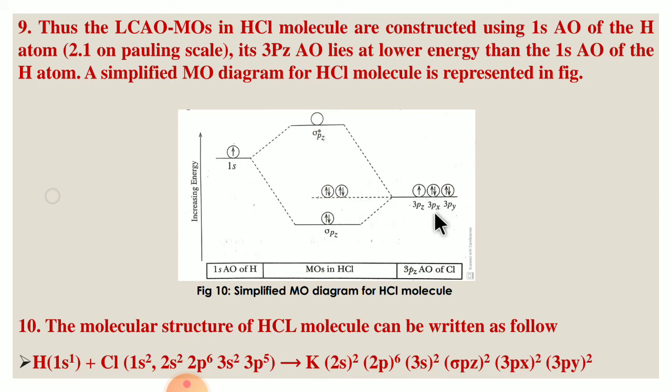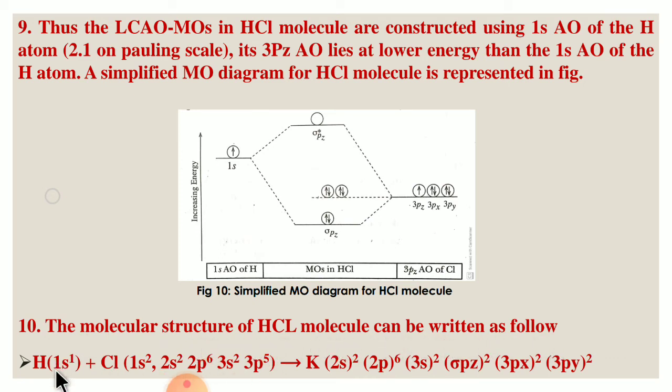At the same time, the 3px orbital and 3py orbital lie as non-bonding. Therefore, the molecular structure of the HCl molecule can be written as follows.